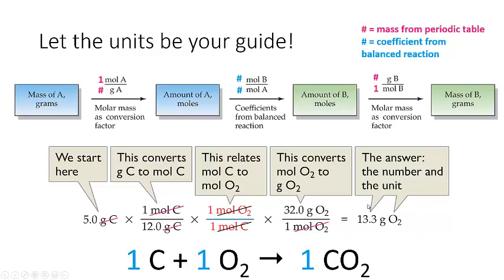Then how do we get our number? The number, in my opinion, isn't as important because you're going to get there if you do the math right. Setting this up is typically the hardest part. But once you set this up properly, then it's just a matter of typing the numbers into your calculator. I type in 5 times 32 divided by 12. Don't feel bad about hitting enter a bunch, because you could type in 5 times 32, enter, divided by 12, and you get the right answer.